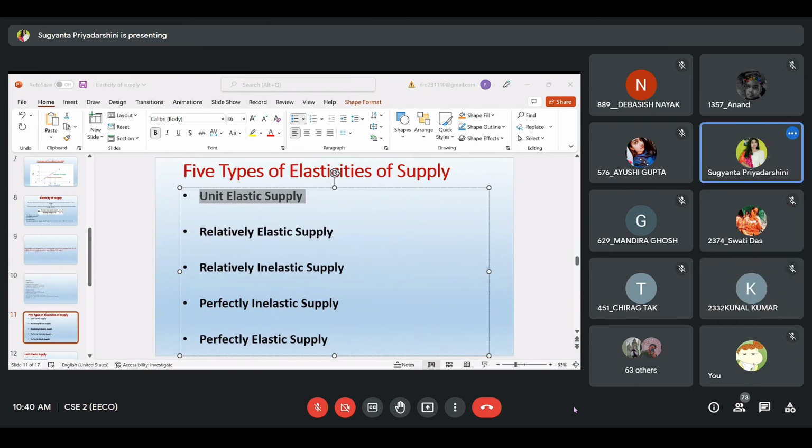No, you are simply talking about total expenditure. That's what we have not covered yet. I'm talking about price elasticity, not total expenditure.